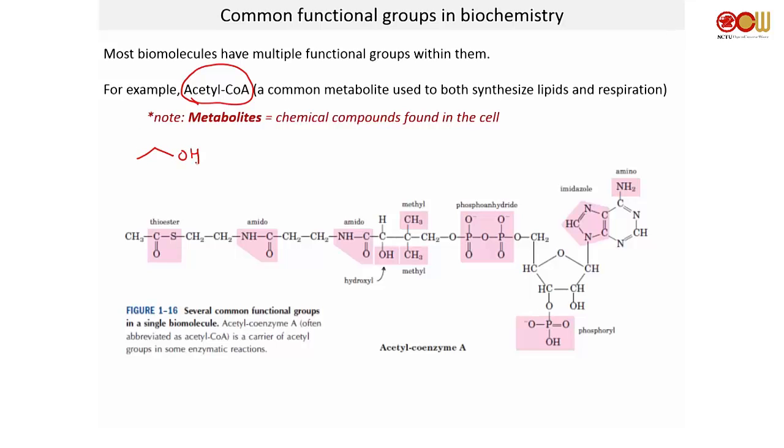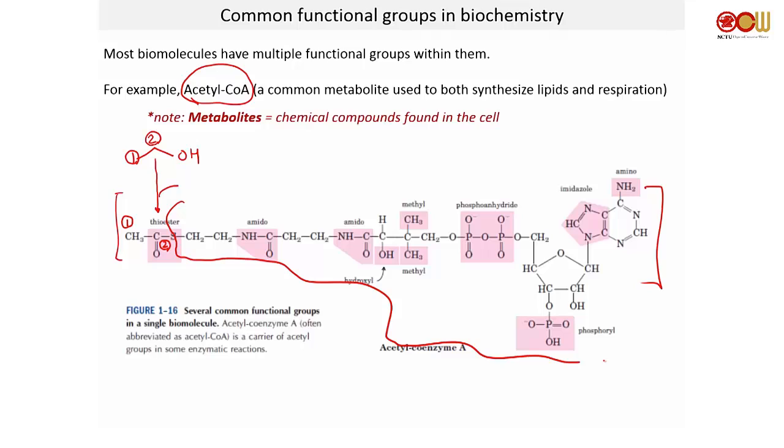When it goes into your body, when you metabolize ethanol, it actually becomes this whole thing. Don't ask me how you get all those carbons. Actually, carbon 1, carbon 2 is right here. Carbon 1, carbon 2.